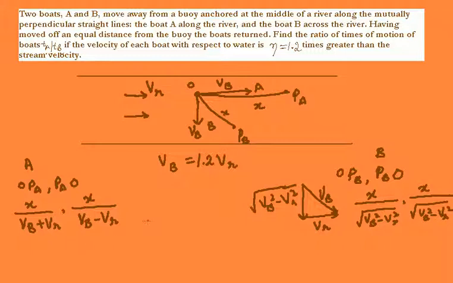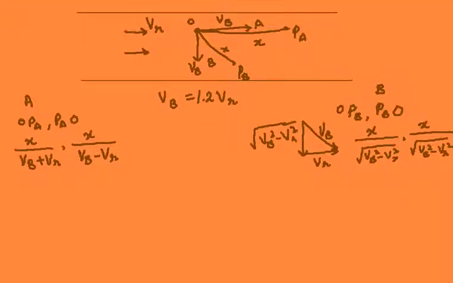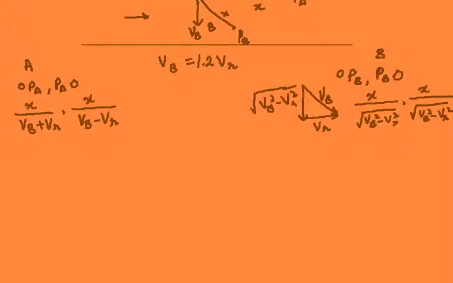Now we have to get the ratio of the times taken by A and B. TA will be equal to x by Vb plus Vr, plus x by Vb minus Vr.